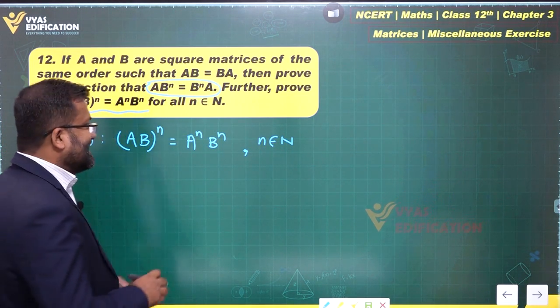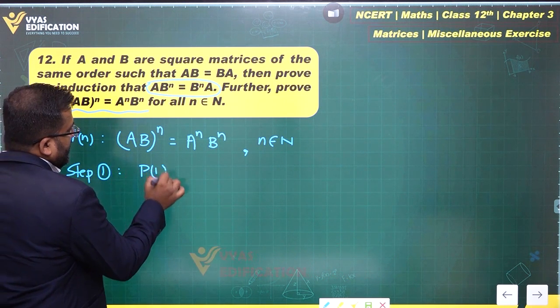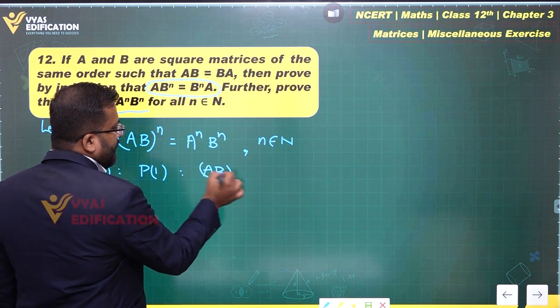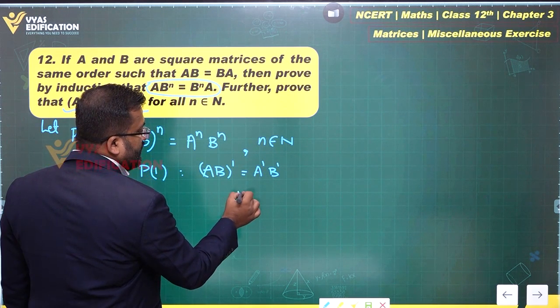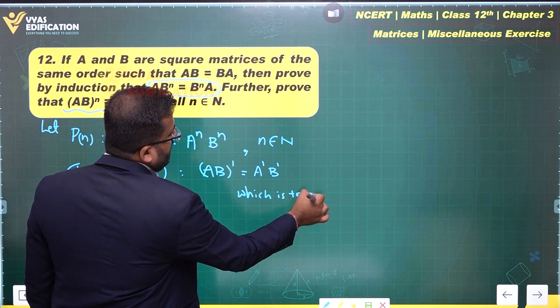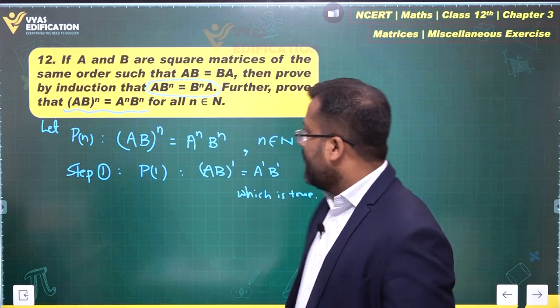Then step 1 says P1 should be true. P1 says (AB)^1 is equal to A^1 B^1, which is true. Right? You can observe this is AB, this is also AB. So P1 is true, yes.